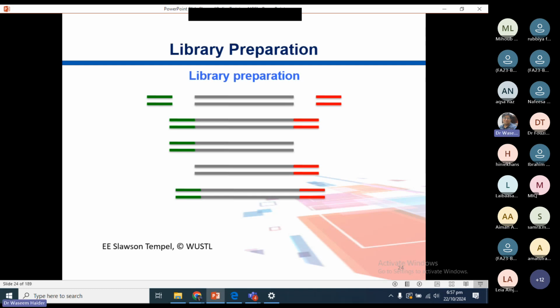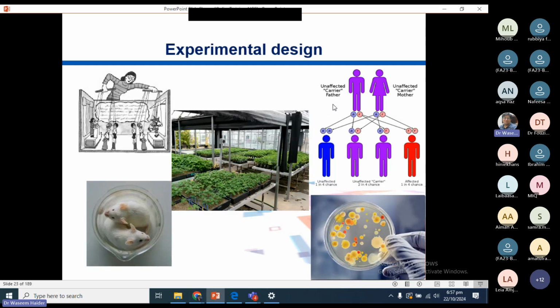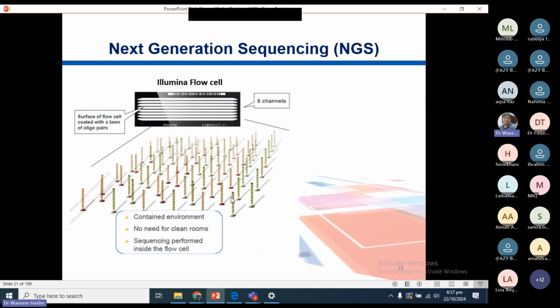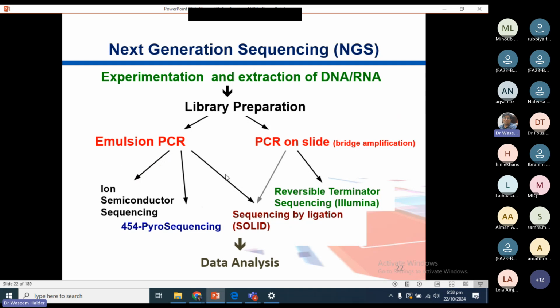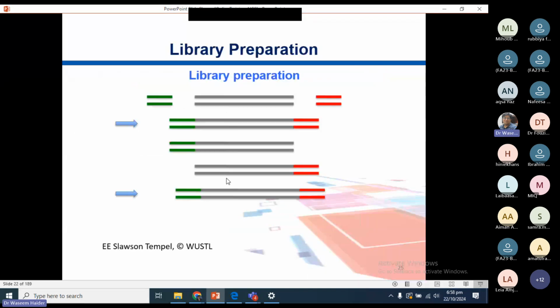Right? So what you do over here is you prepare those fragments and then attach what we call adapters. We talked about primers here. There is a lot of primer that is embedded. You can ask me a question: there are thousands of fragments, more than half a million, 500,000 reactions happening in parallel, right? So should we design half a million primers, one for each fragment? No, we cannot do that. So they came up with what they call the universal priming concept.